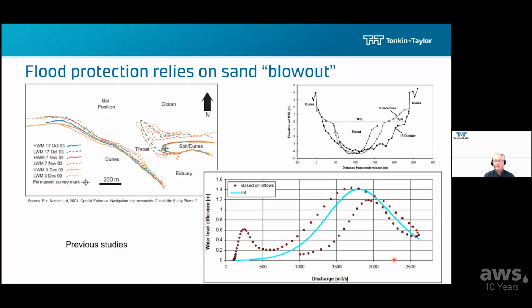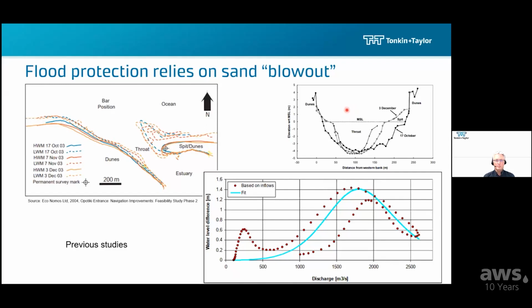Now that's the river mouth blowing itself open, widening. This blue relationship was what was used in the 1D models to set the crest elevations of the flood levees. And it is very relevant to what I'm going to talk about very shortly.